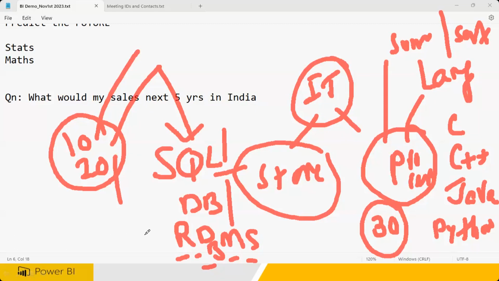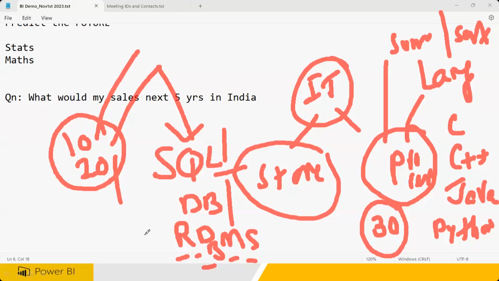When you have a small amount of data, you can do it manually. Sorting 10 and 20 is very easy because there are only two numbers. But if I give you 1 billion, 10 billion, or 100 billion rows and ask you to sum them, you will go mad, even with a calculator or an Excel sheet. So Excel is not the right tool when you have a large amount of data.